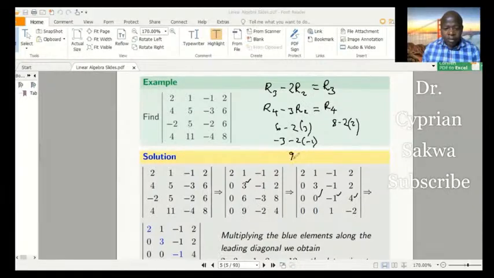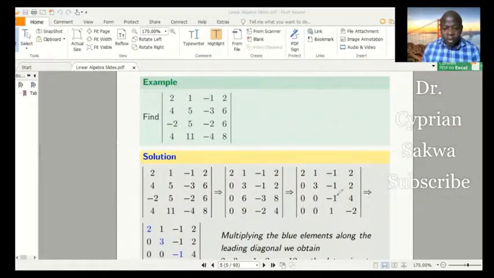So 9 minus 3, the element in row 2 is 3, and that will give me 0. And then I have negative 2 here, minus 3, the element in row 2 is negative 1. Negative 1, this will be positive 3 here. So the result is positive 1. And then 4 minus 3, the element in row 2 is 2. And this will be negative 2. So I'm done with the second column.